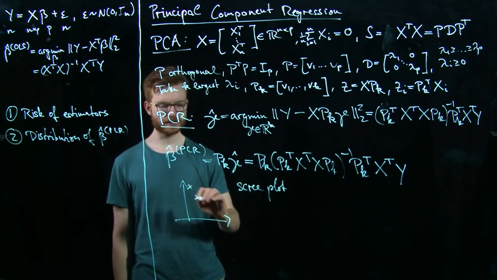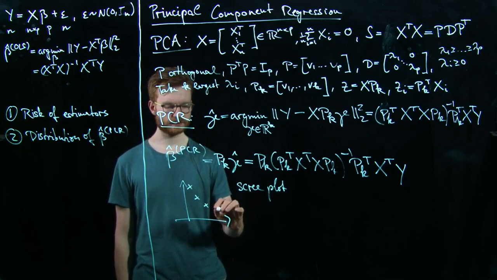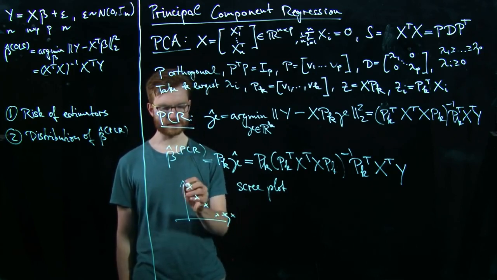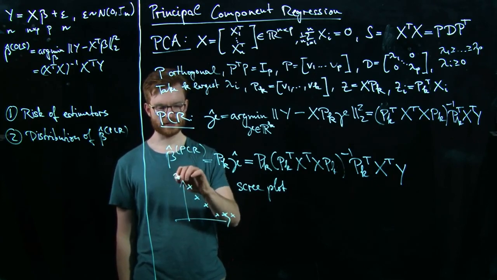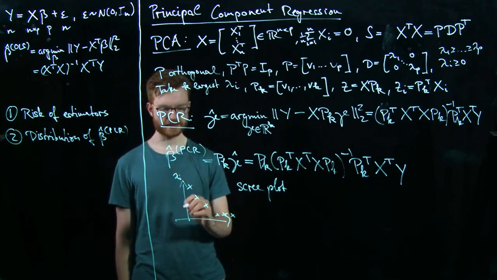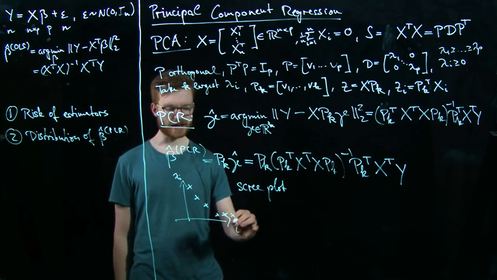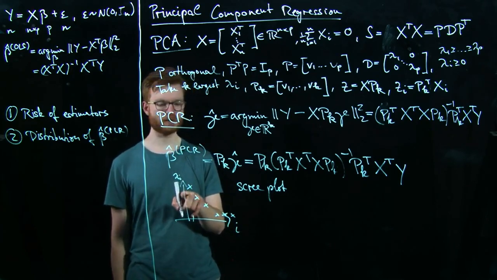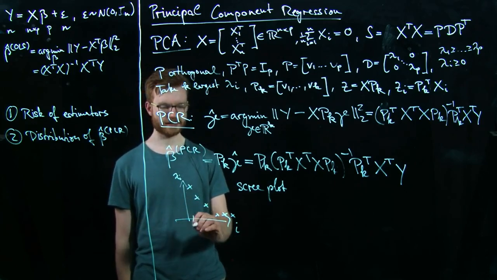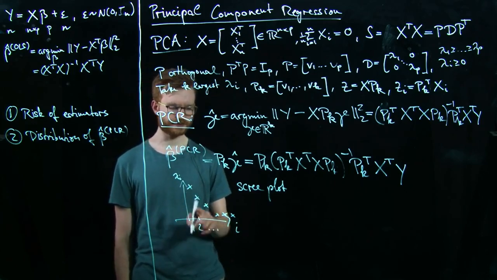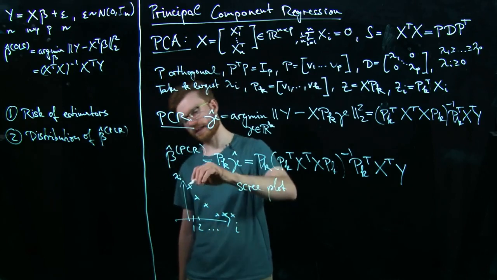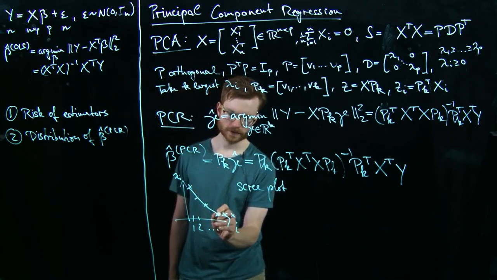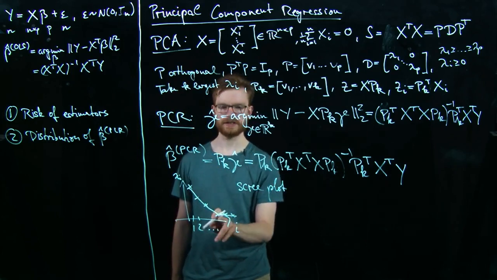And it might look a little bit like this, where here are the values of the lambda i's, and here is the i. So that means your biggest eigenvalue might look like this, second biggest like that, and so on. And we're basically looking for an elbow like this, so for a sudden inflection point like this.